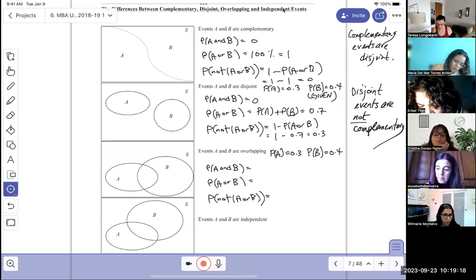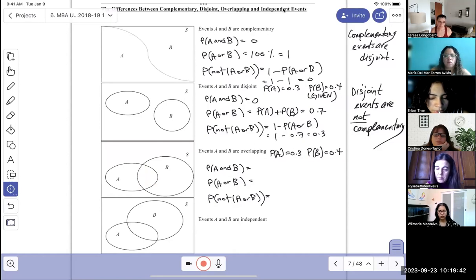I want to talk about that. So can you do any of these with the information I've given? No. You need to know the overlapping space to be able to do it. With the information I provided, you don't know what the overlap is. Some people might think they know, but they don't know.